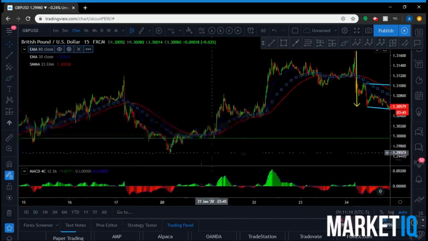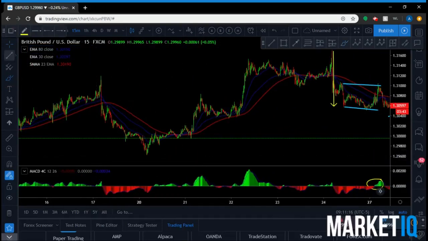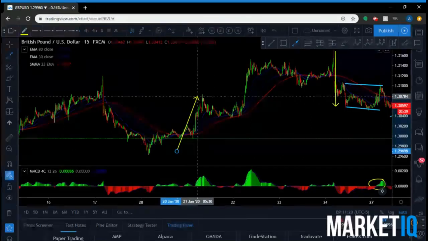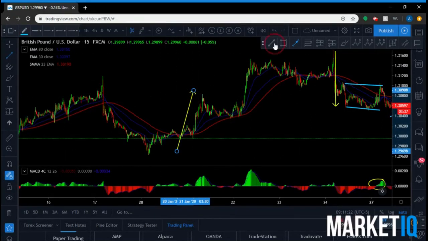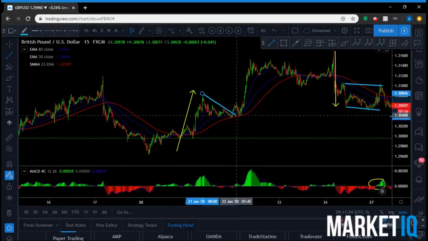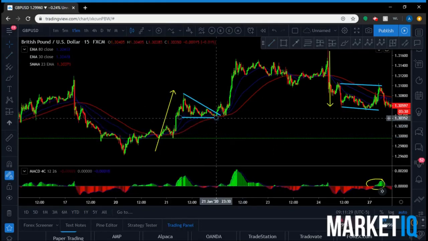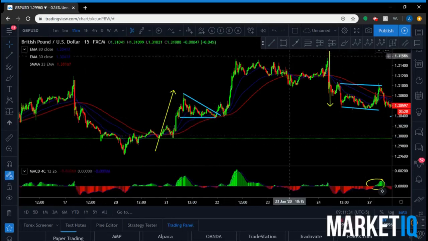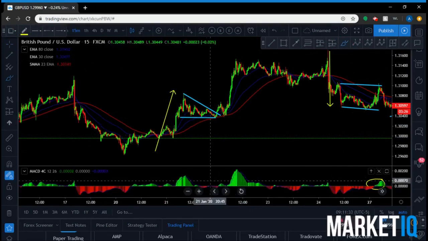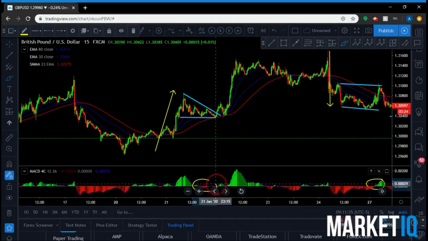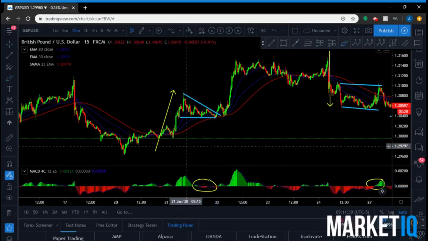And in the opposite way, we broke through the moving averages with our impulse. Again, we're starting to correct. We came straight to the SMMA, and we got our cross right here. That's your correction.